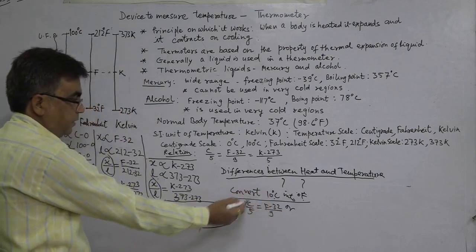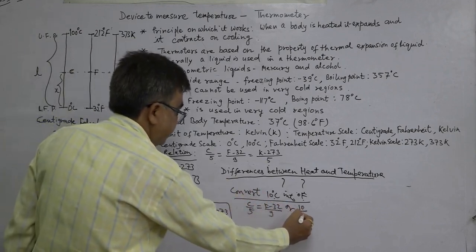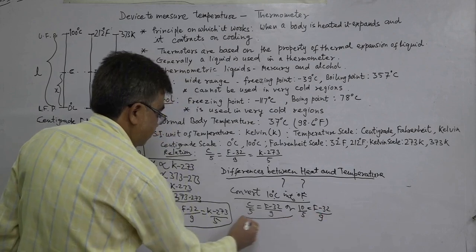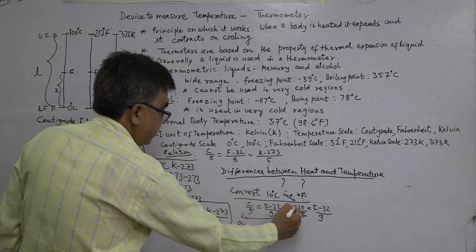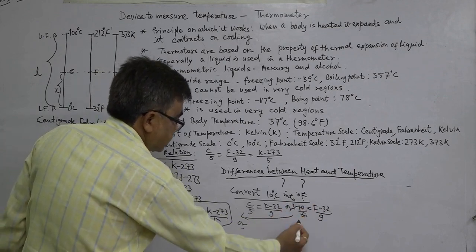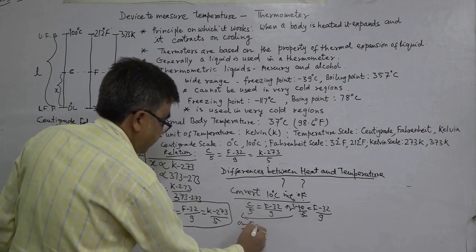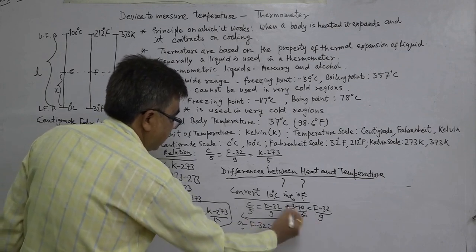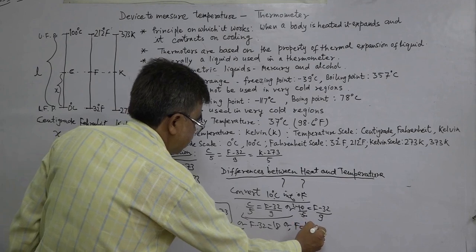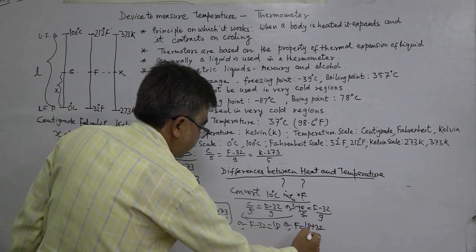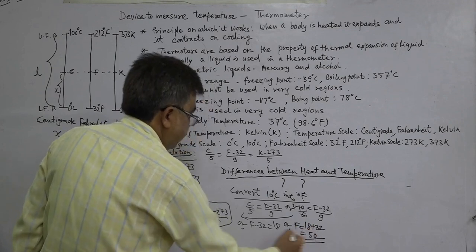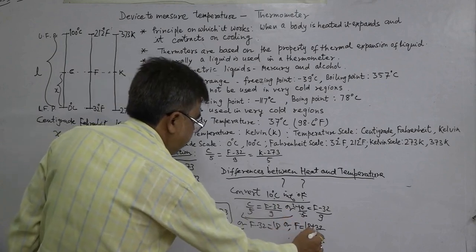So in place of C we write 10 upon 5 equals F minus 32 upon 9. 5 twos are 10, so 2 equals F minus 32 upon 9, F minus 32 equals 2 into 9, which is 18, or F equals 18 plus 32. So it comes to 50. So in this way, 10 degree centigrade equals 50 degree Fahrenheit.